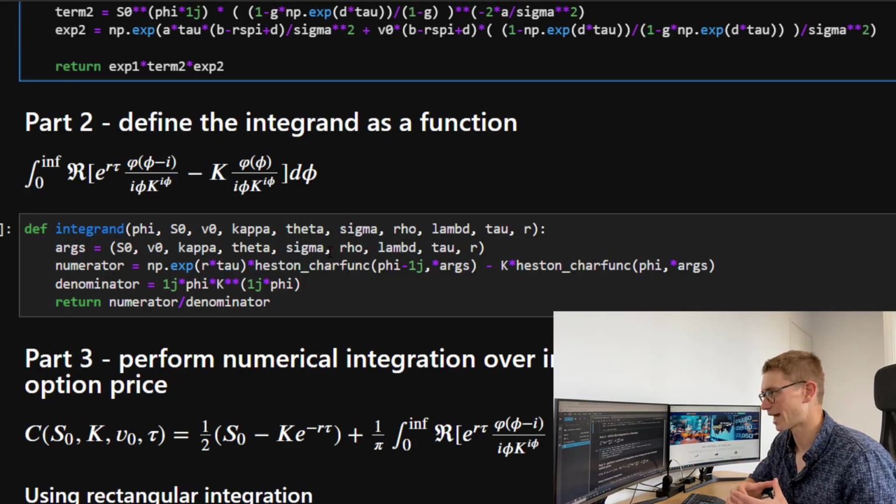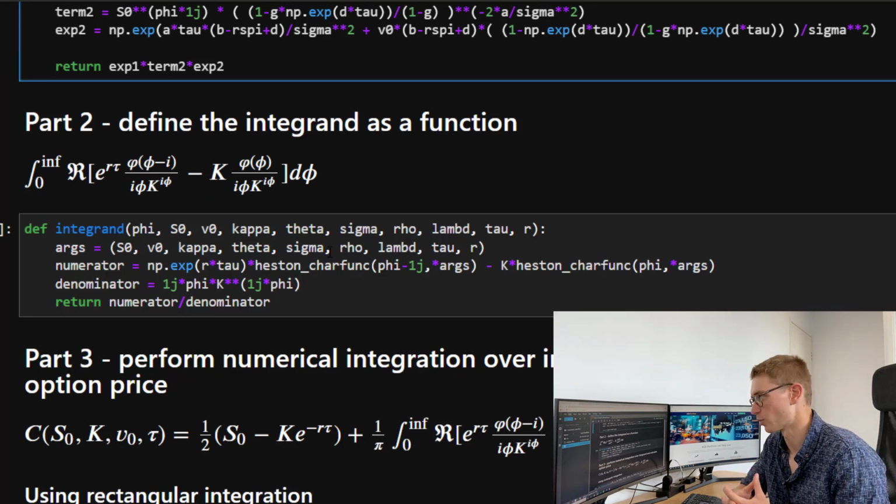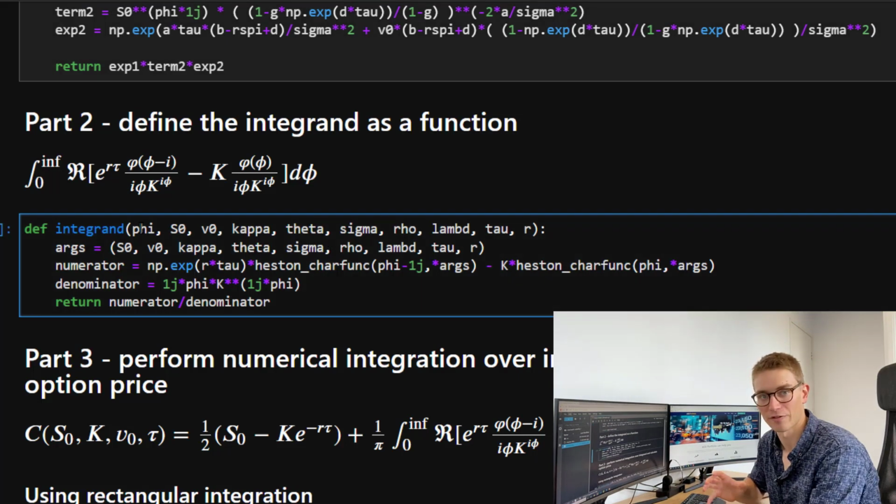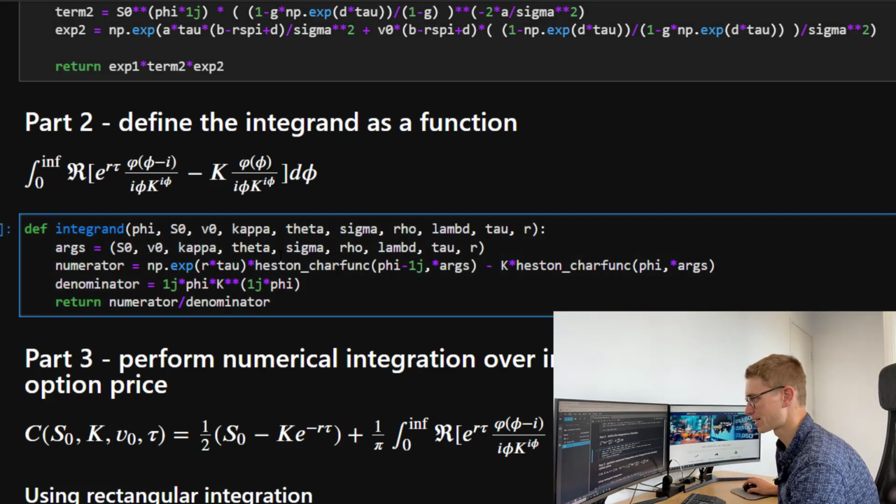Okay, now that we have the characteristic function, we can define the integrand as a function. You have to do this if you're going to use a known numerical solver like the likes of SciPy. So for the integrand, we have all of our parameters, and I'm placing them all in terms of the args, which gets passed through to the Heston characteristic function.